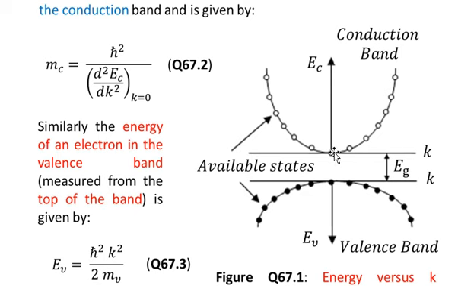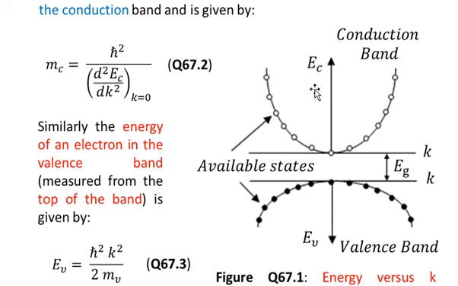So you see that E_C may start from the bottom of the conduction band, and E_V may start from the top of the valence band. But you see that these could be different references. We have to set the same reference for both the energies.